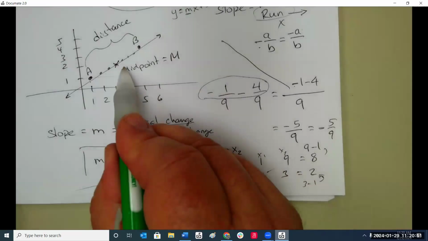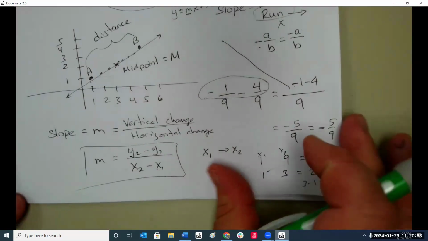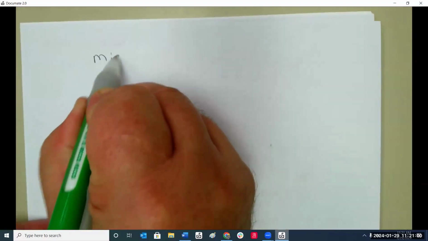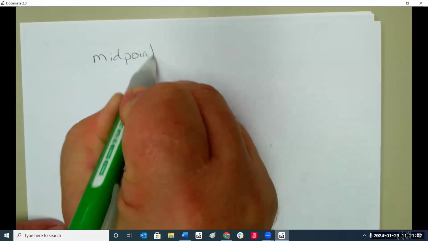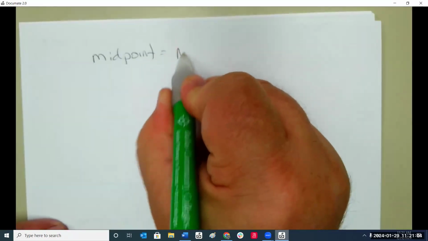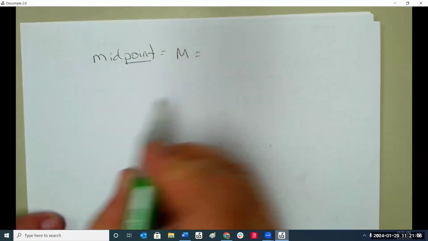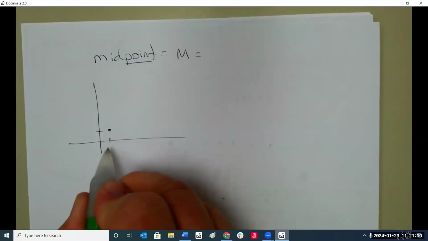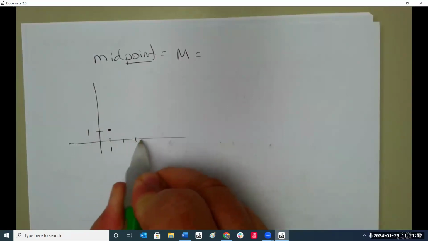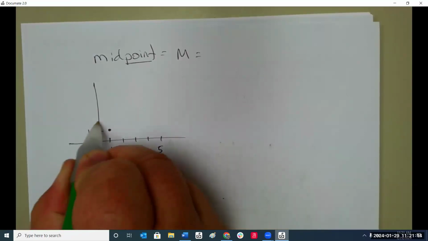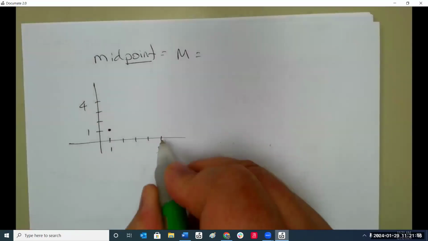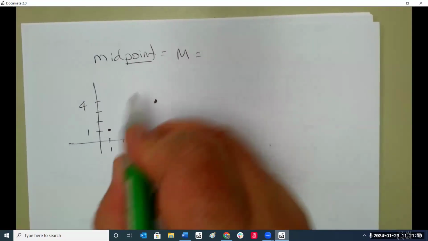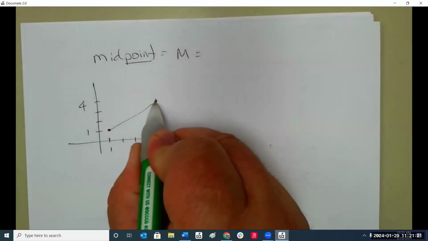How do we figure out the midpoint? What exactly is a midpoint? First off, it's a point. You can find the midpoint of a line segment.